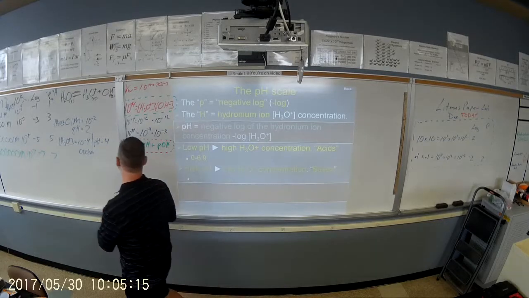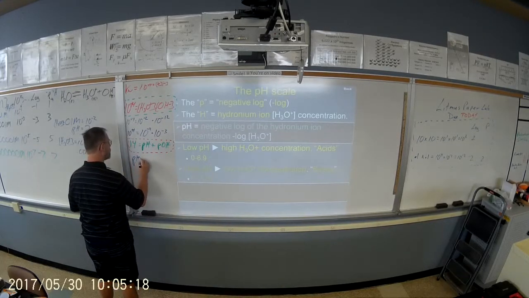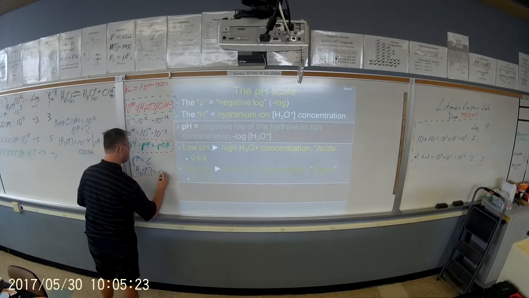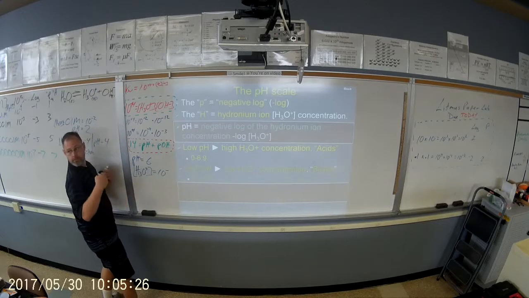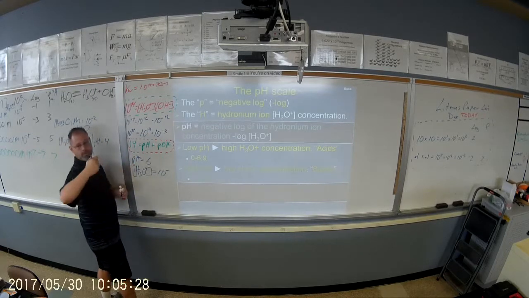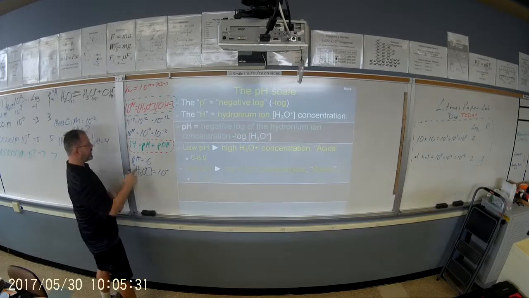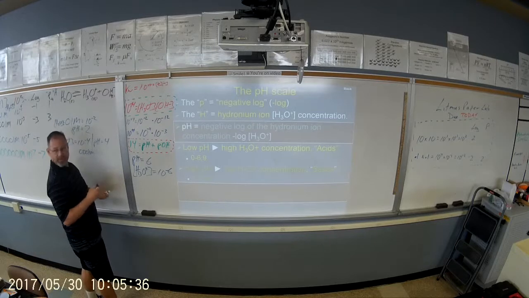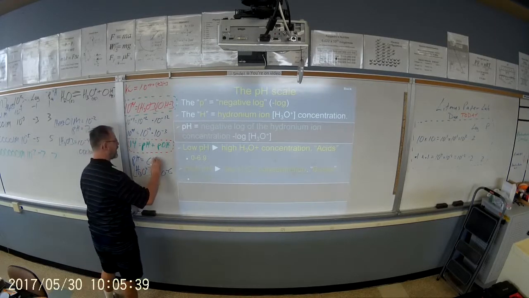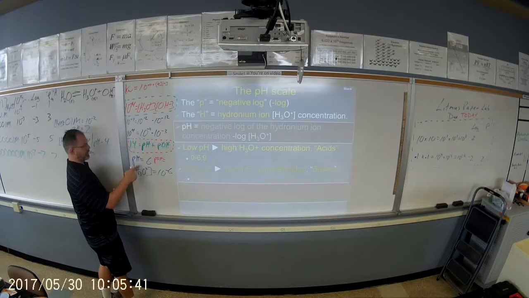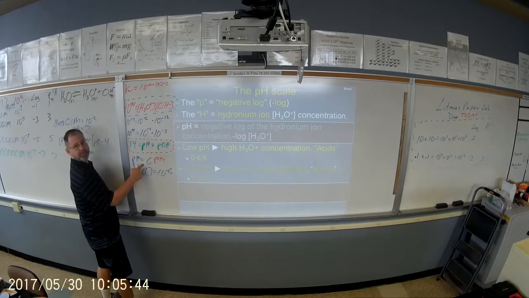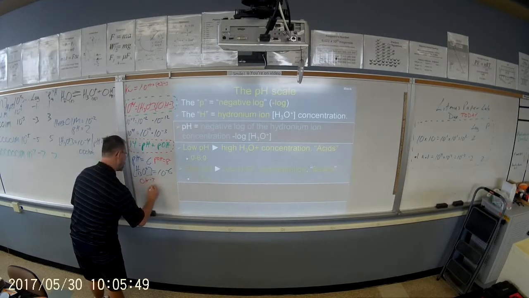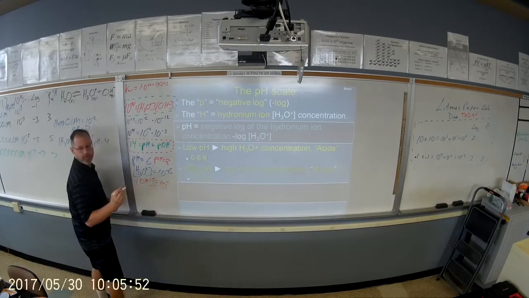So if the pH is 6, the hydronium is 10 to the negative 6. Good. And if that is the case, then you know pOH has to be what? 14 minus 6 is 8. And that means the OH concentration has to be 10 to the negative 8.